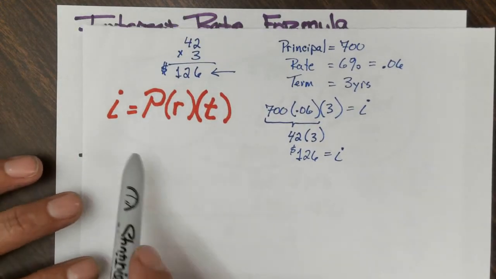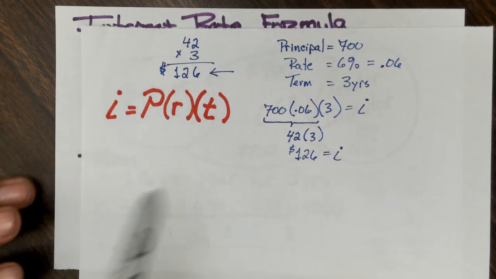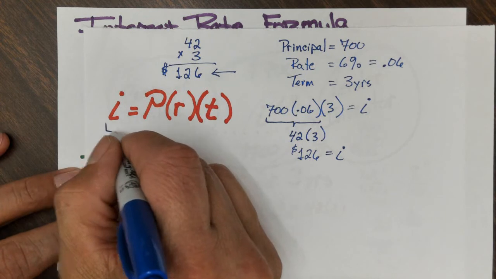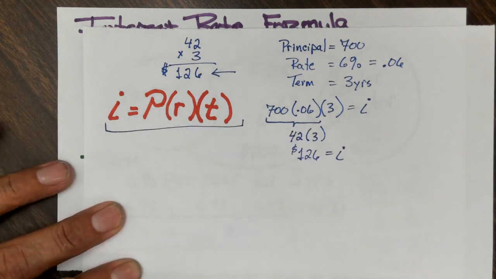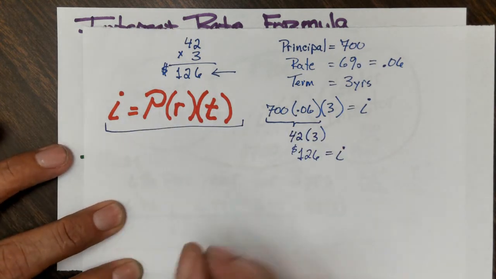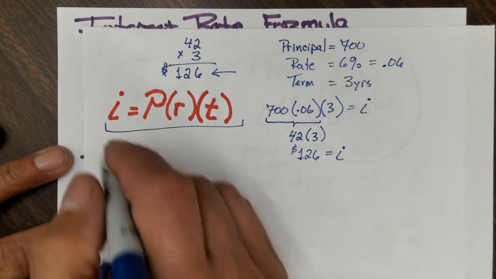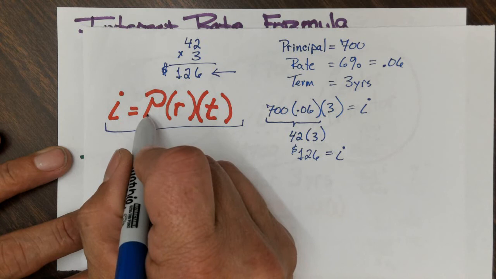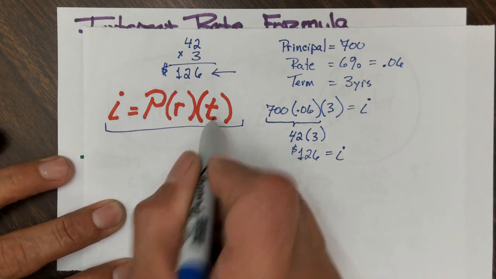This formula will tell you the interest. You always have to put that interest back into what you borrowed or the money that's in the bank. So this is the formula. Interest equals principal, rate, time.